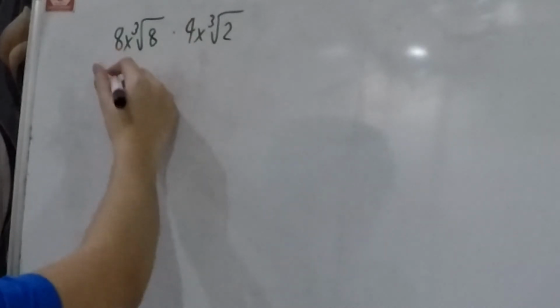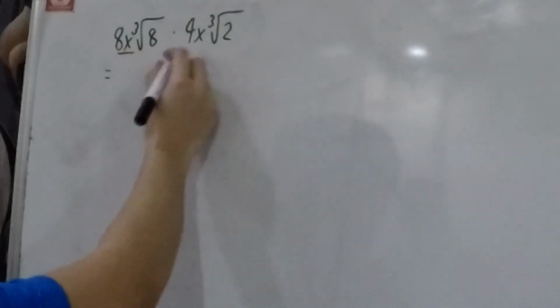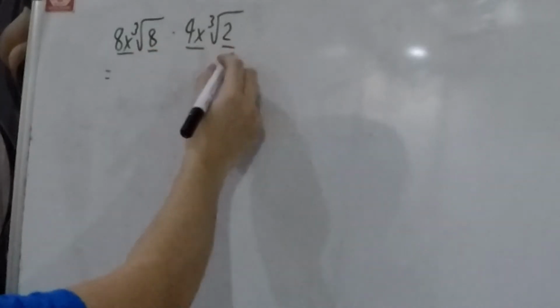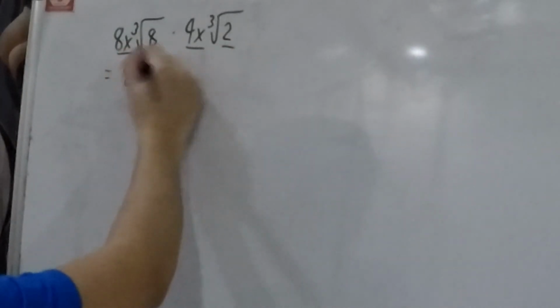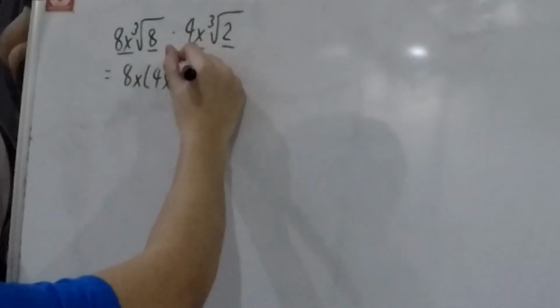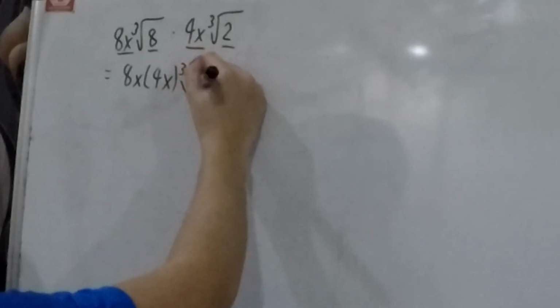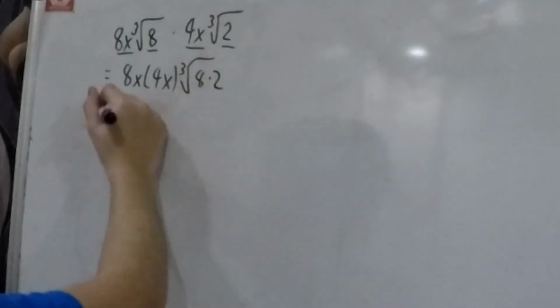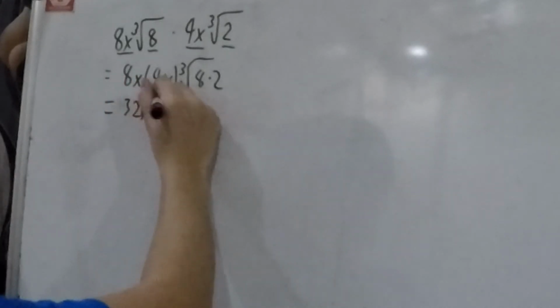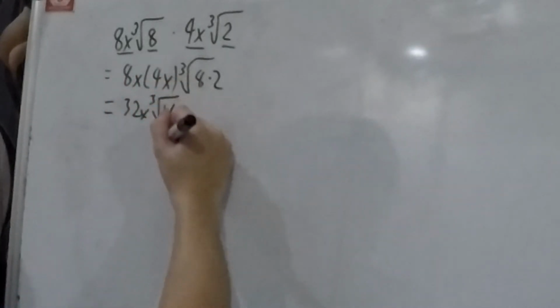What we must do first is multiply the numbers on the outside of the radicand with each other and multiply the numbers on the inside with each other. So 8x times 4x times the cube root of 8 times 2. This is equivalent to 32x times the cube root of 16.